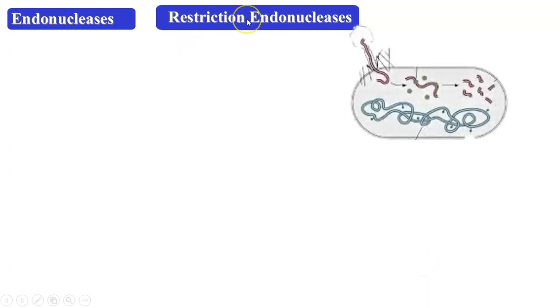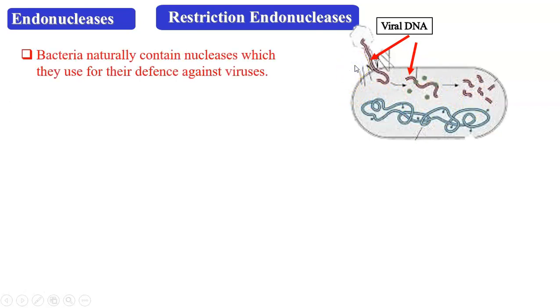Why are they called restriction endonucleases? It is because they were found in bacteria. When these bacteria were attacked by harmful viruses, which introduced viral DNA into the bacterial body, it was realized that these bacteria have a defense system against this viral DNA. The defense system means the nuclease enzymes present in them.